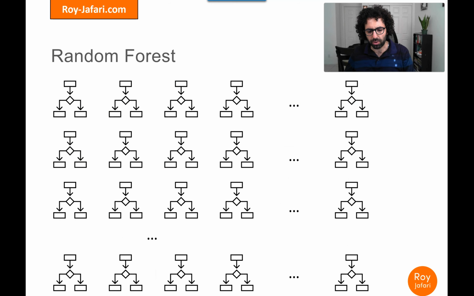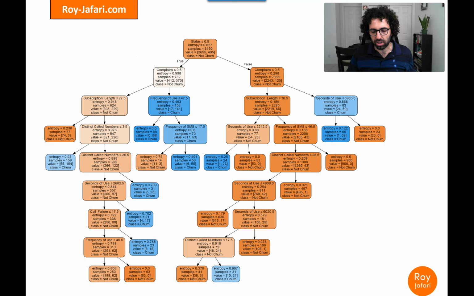So random forest is basically an algorithm that uses more than one decision tree. I mean, it uses more than one shallow decision tree. If you compare this decision tree, it has as many roots and branches as the application needs.